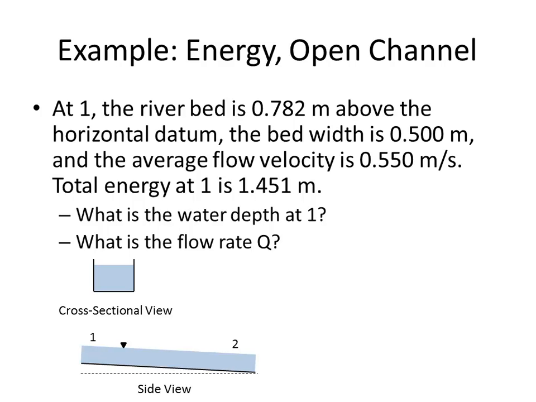Okay, so the flow rate will be the area, 0.654 meters times the 0.5 meter width, times 0.55 meters per second, which is the velocity. So the flow rate is 0.180 meters cubed per second.